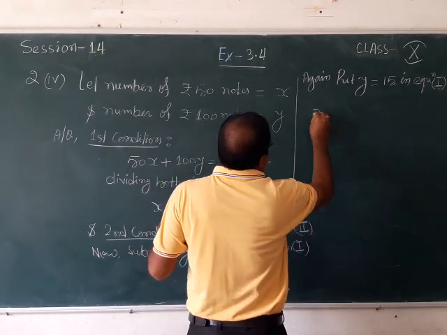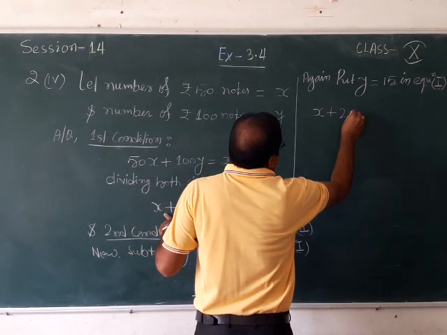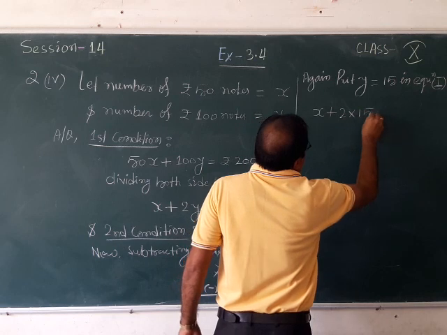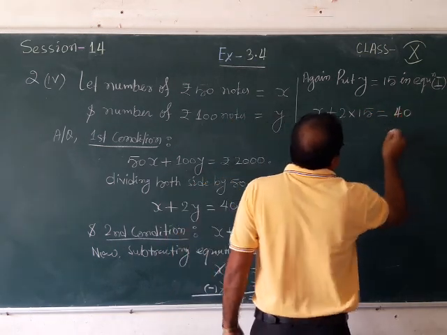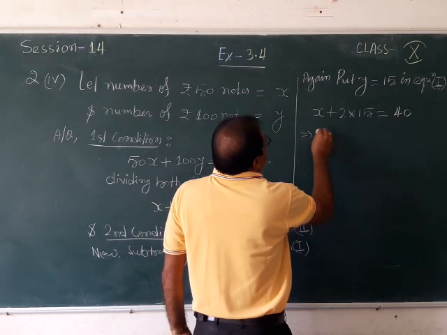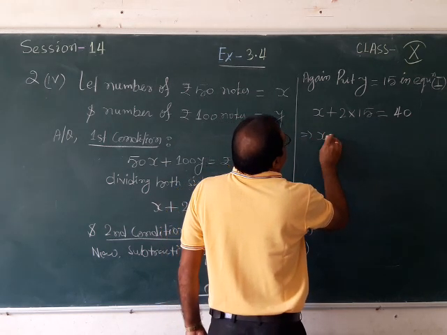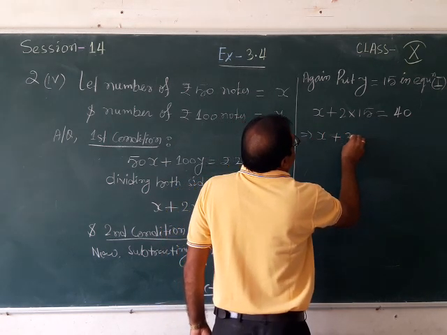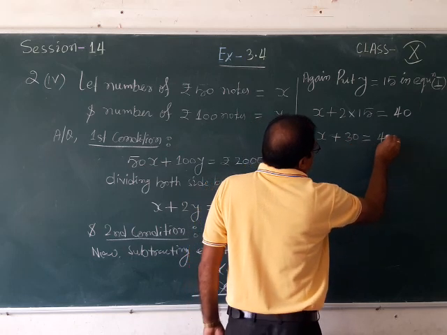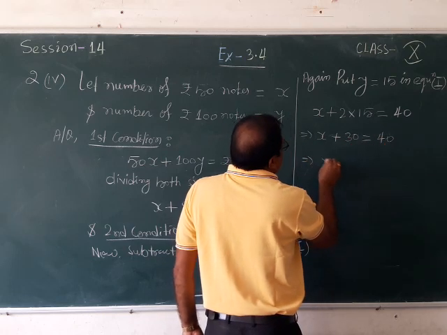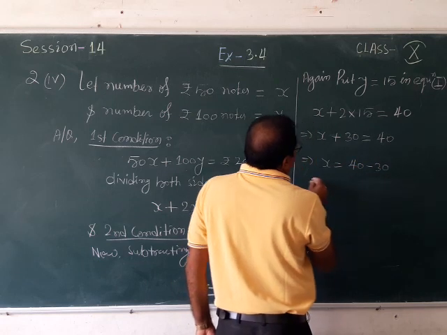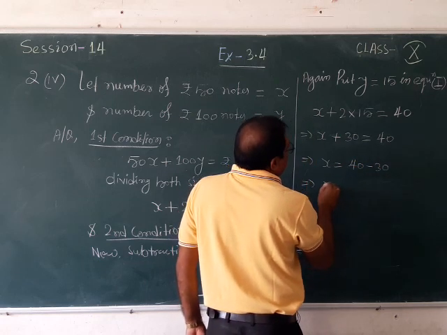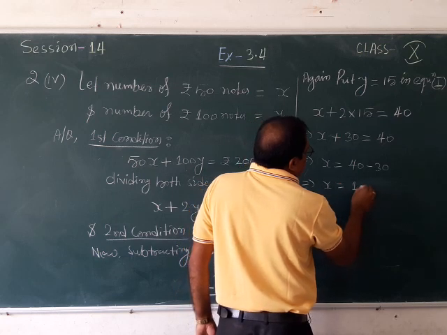So I can write x plus 2 into 15, and that becomes 40. Now solve it. x plus 30 is equal to 40, so x is 40 minus 30, and further it becomes x equal to 10.